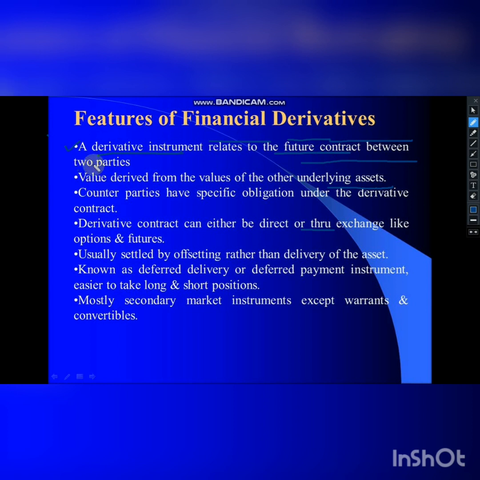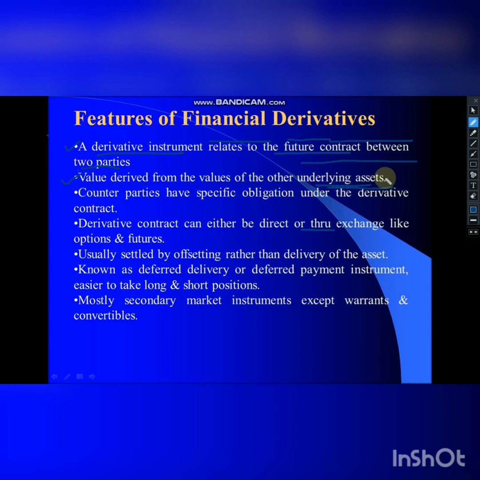We have already read about this: there is a contract which has to be settled in future, and this contract has to be done between two parties, one has to be the seller and another has to be the buyer. And yes, there must be an underlying asset in the contract. The next point we have is value derived from the value of another underlying asset.